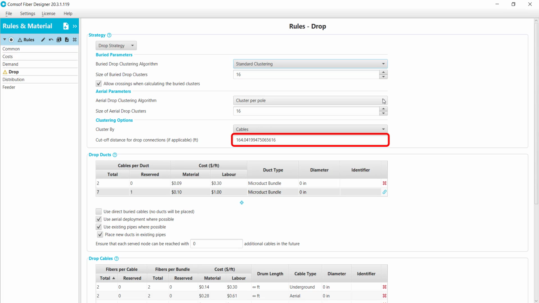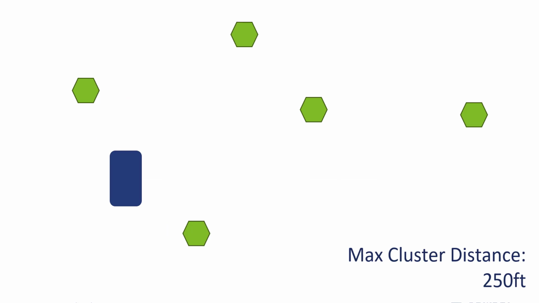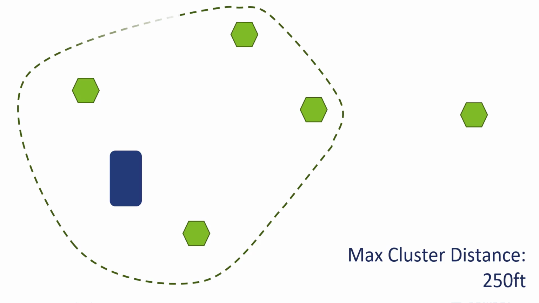ComSoft Fiber will attempt to respect this value when clustering and matching points to be served to points doing the serving. If a point to be served is farther away than this number, it will most likely not be included in that particular service area. A more detailed breakdown on the clustering process can be found earlier in this series.